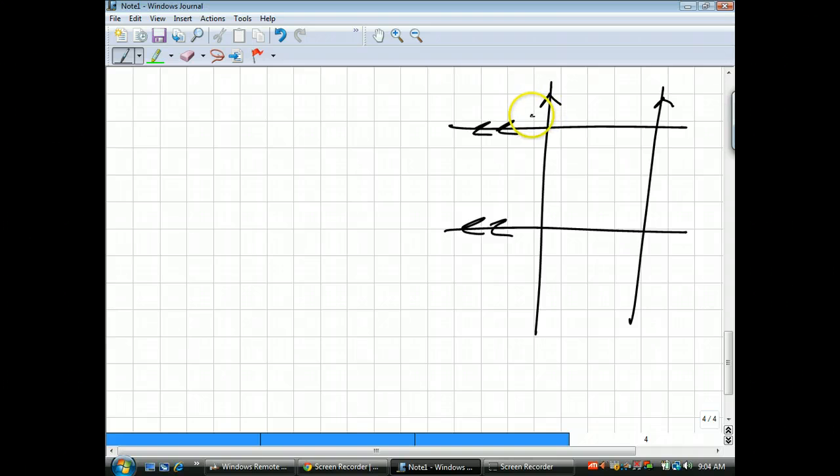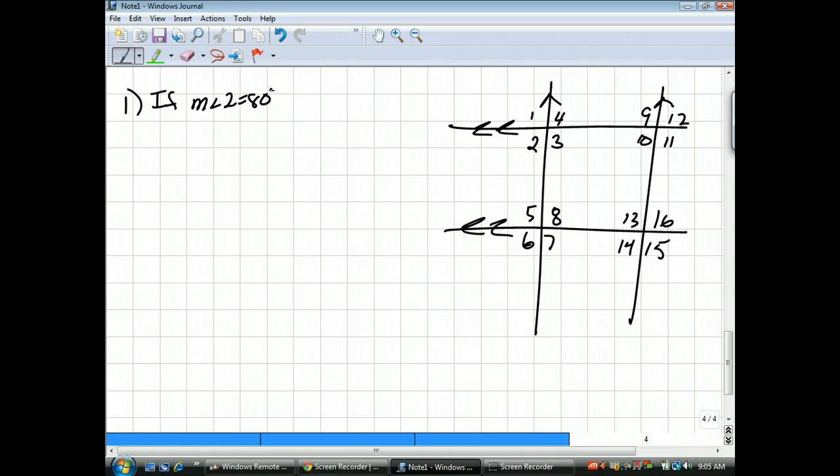And then I have angle 1, 2, 3, 4, 5, 6, 7, 8, 9, 10, 11, 12, 13, 14, 15, and 16.